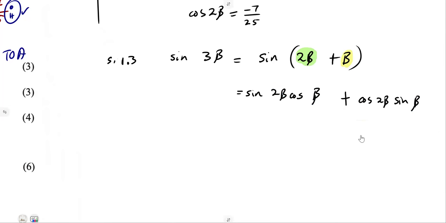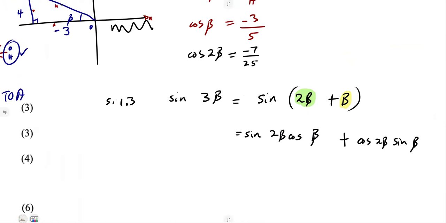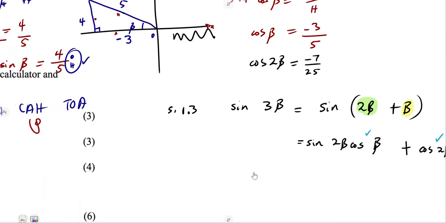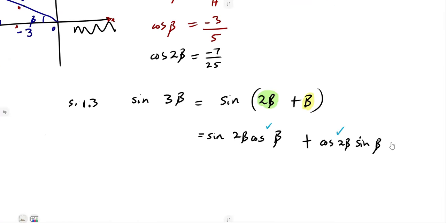From what we have expanded here, we calculated the cos of beta. It is there. The cos of 2 beta, we also calculated. The sine of beta is originally given from what we were given before. But what about the sine of 2 beta?